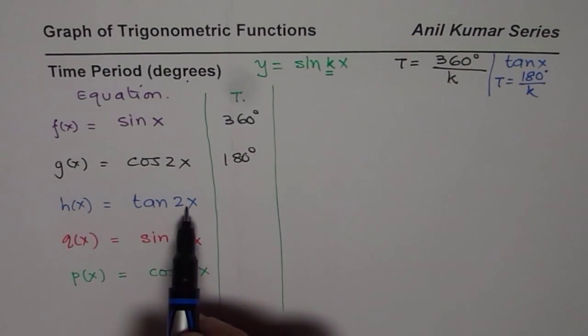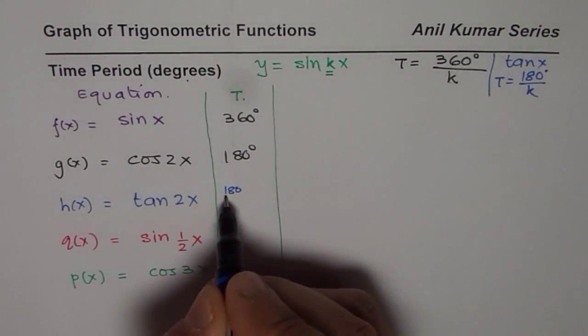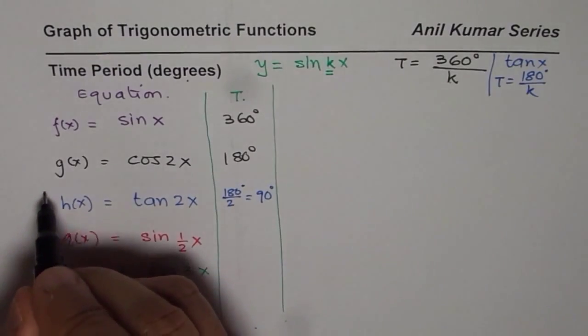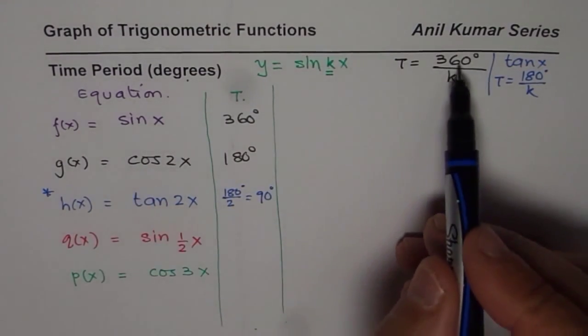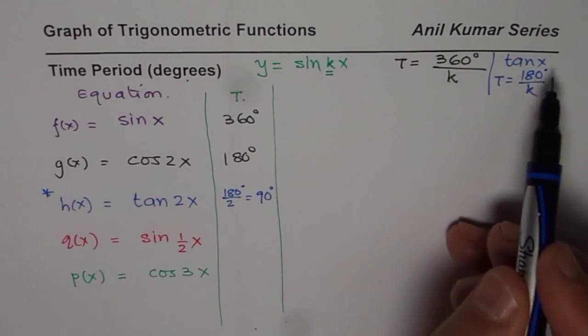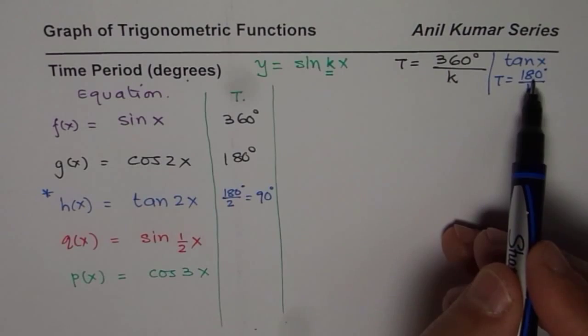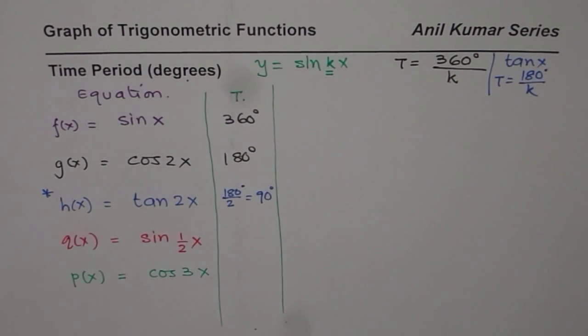So in this case, it is going to be 180 divided by 2, which is 90 degrees. Let me put a star here. For sine and cosine, the time period is 360 degrees. But for tan, it is 180 degrees. It repeats after every 180. Remember that part, right? Okay.